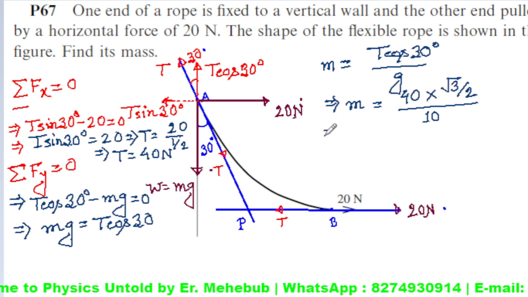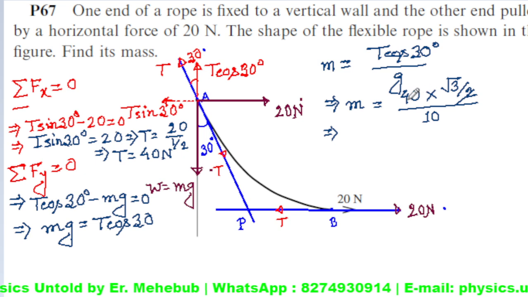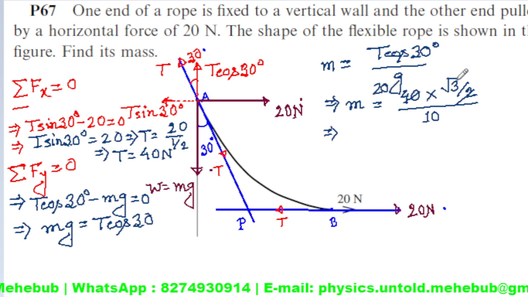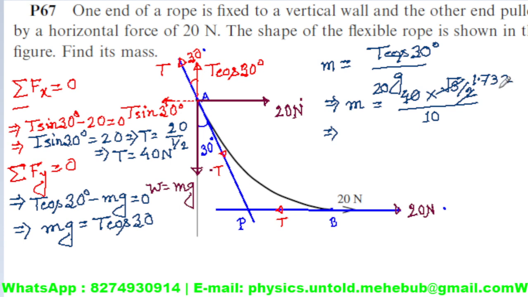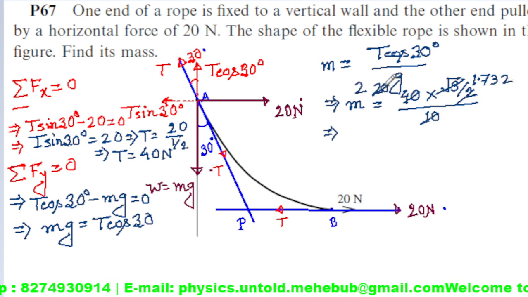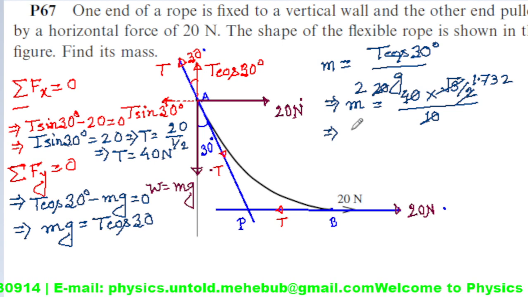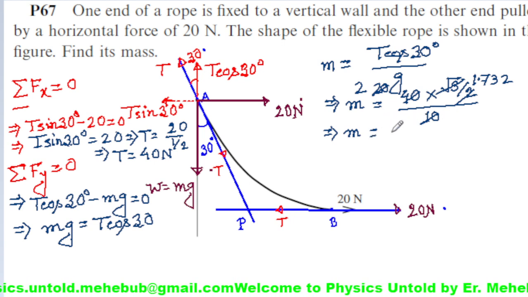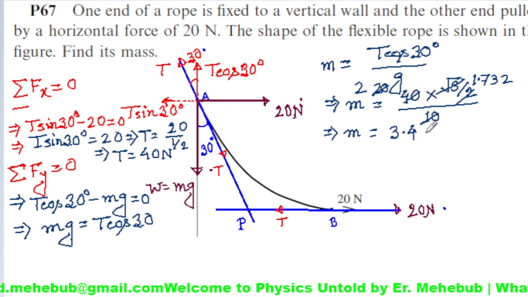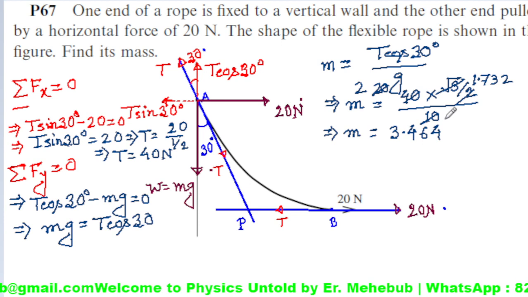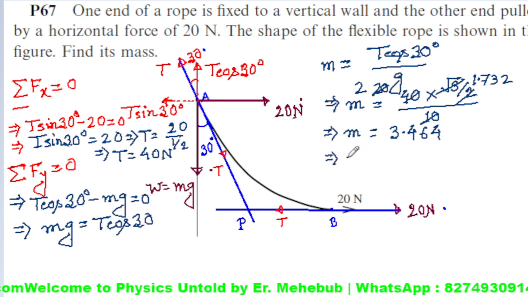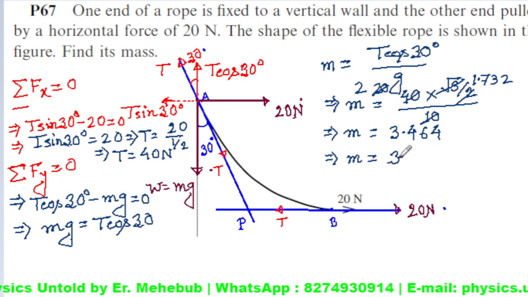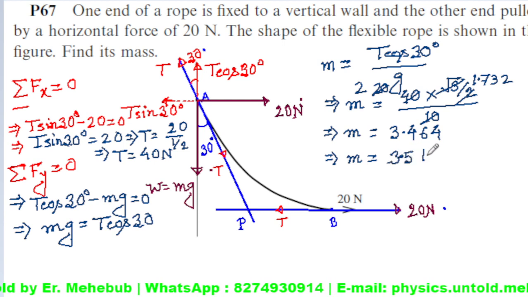Dividing 40 by 2, we get 20, and the value of root 3 is 1.732. So the mass is equal to 3.464, which is approximately 3.5 kg.